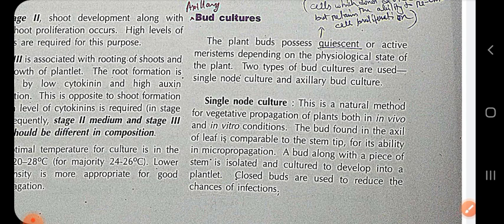So it is a natural method for vegetative propagation of plants in both in vivo and in vitro conditions. The buds found in the axil of a leaf are comparable to the stem tips. They have meristematic regions and the ability to proliferate into new plants by the process of micropropagation.